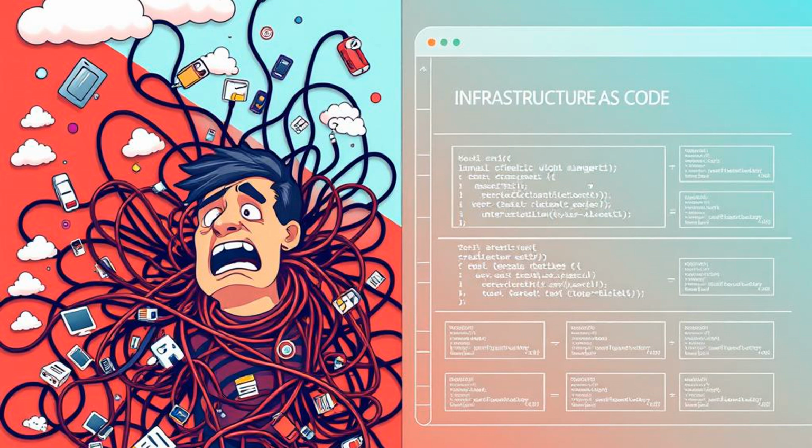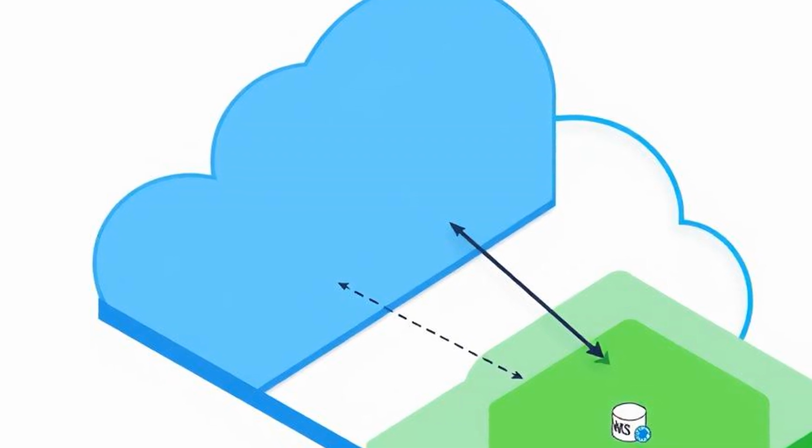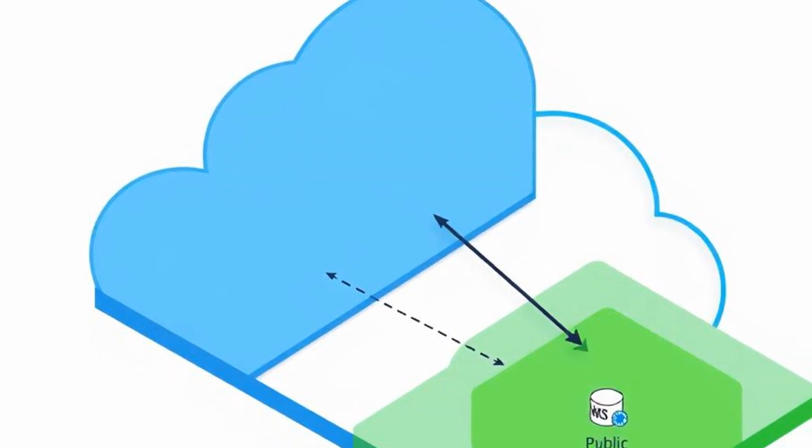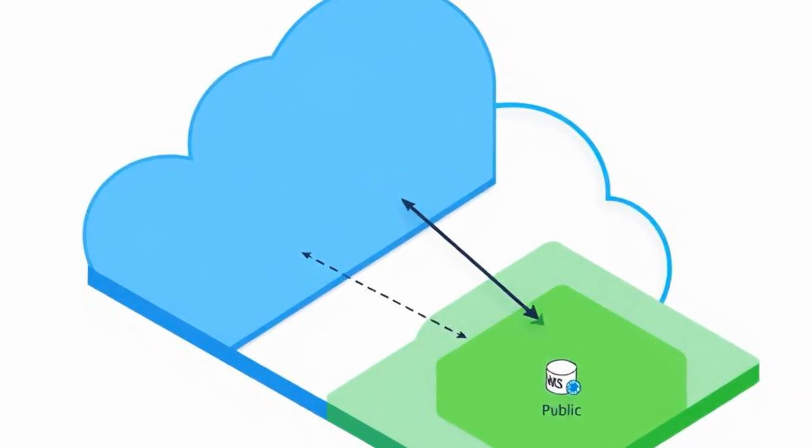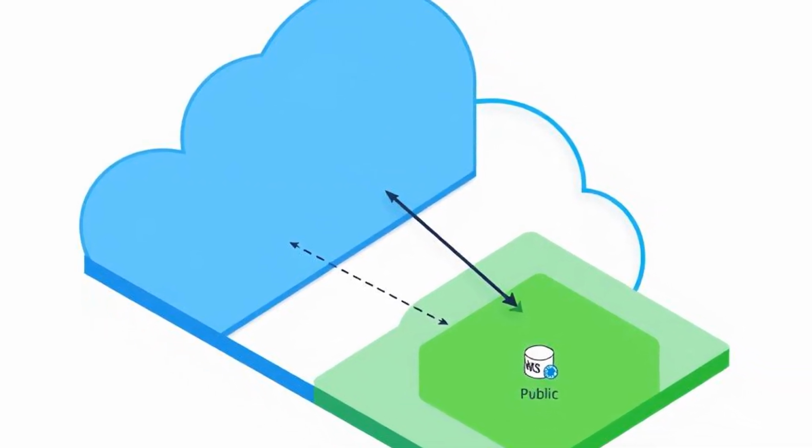Let's get started. First, let's understand why infrastructure as code, and why Terraform specifically, has become indispensable in the cloud era. Imagine provisioning dozens, or even hundreds, of cloud resources manually through the AWS console. It's tedious, error-prone, and nearly impossible to replicate consistently.